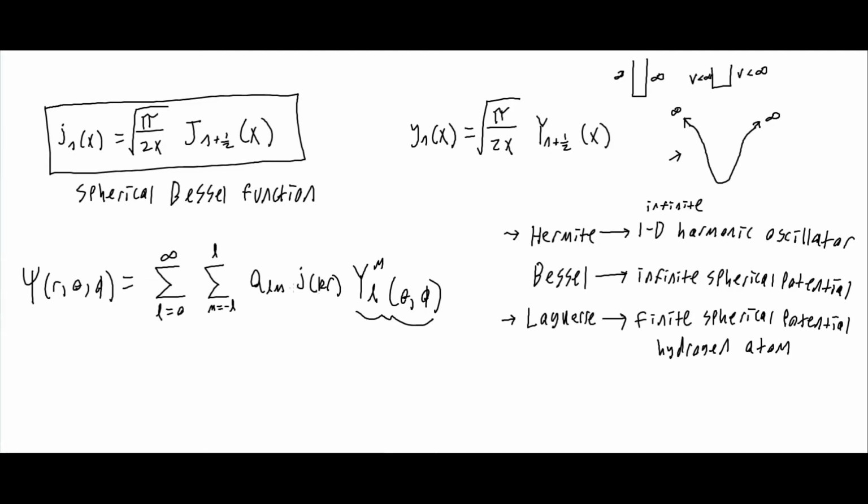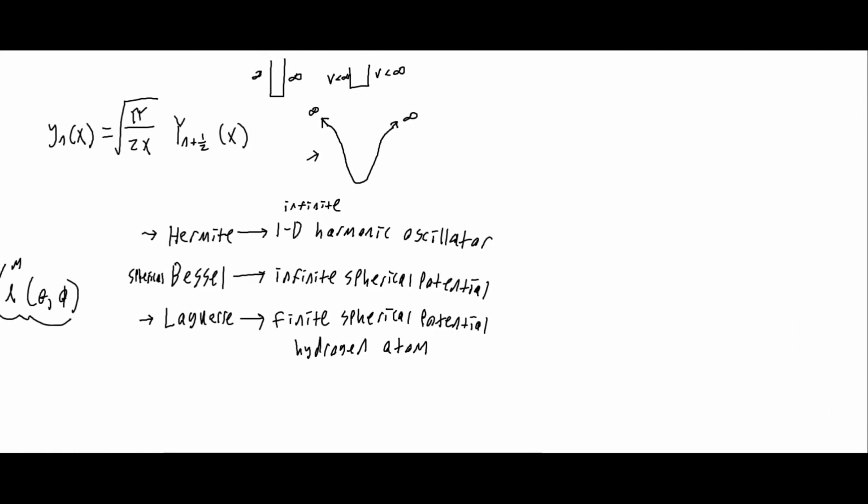But this here is the spherical Bessel, so I guess we could even put spherical Bessel function here. But anyway, that is what this spherical Bessel function is doing, is in an infinite spherical potential, which is probably kind of hard to picture.